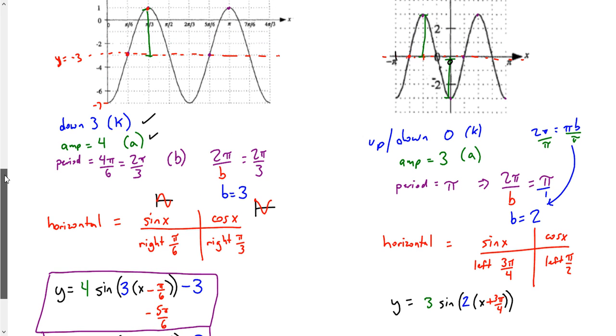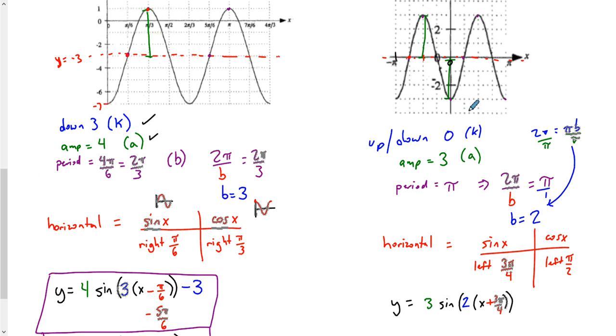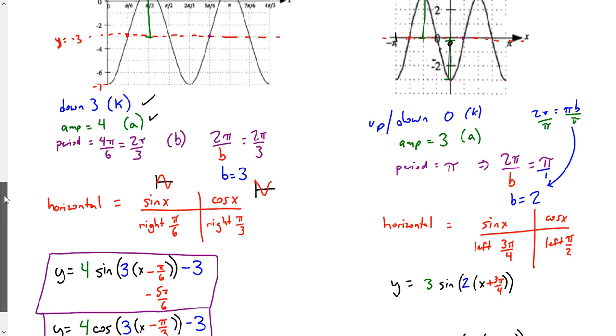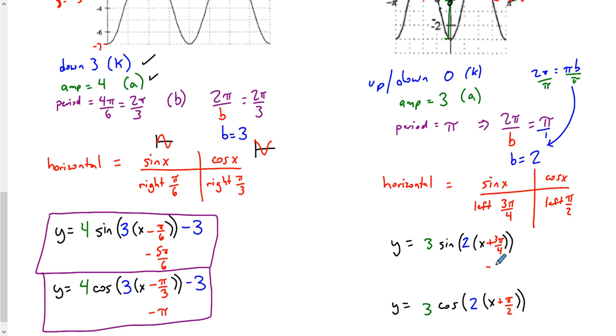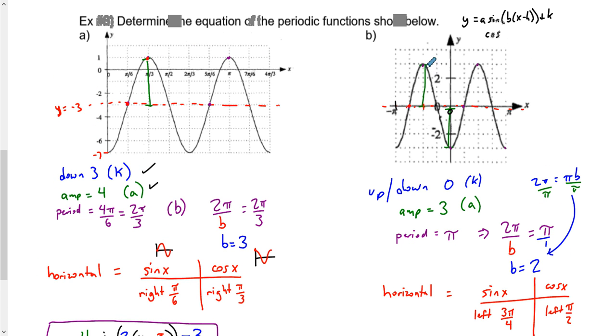I do want to help identify that these are not our only 2 answers, because we could be starting here or we could be starting here. Well, this one is actually a right movement of 1/4 pi, which means the inside will be subtracting pi over 4. For cosine, we don't have to start here.